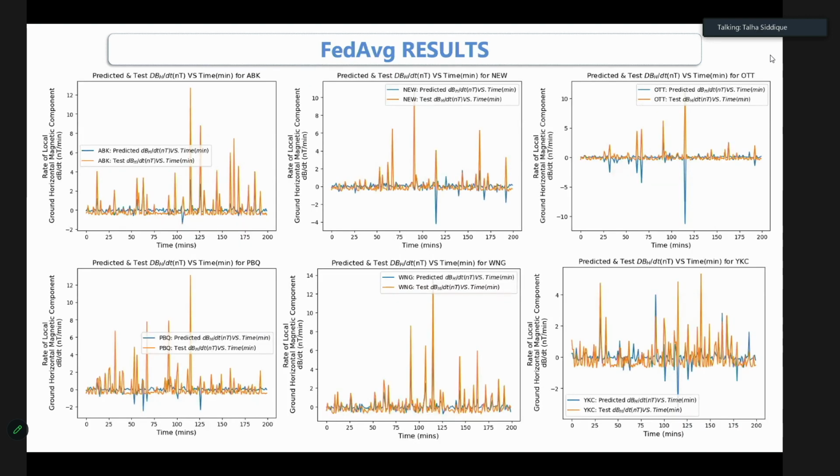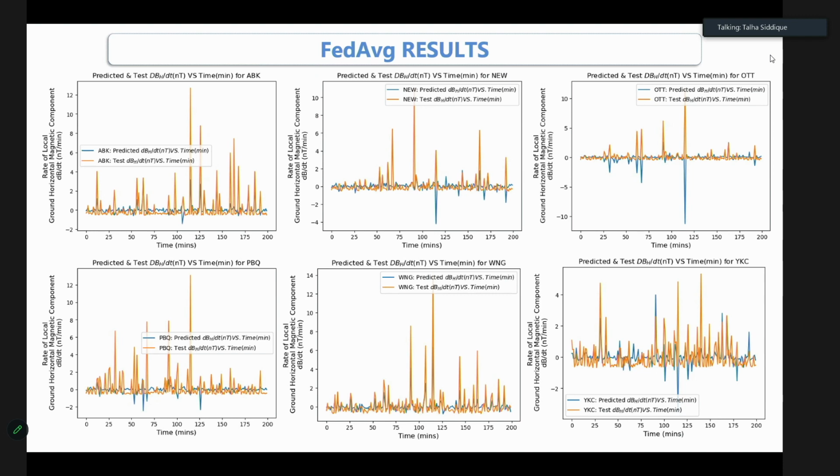So this is some of the preliminary results that we have from the simulation model. We found that this federated average learning architecture works well for certain stations over the others, but we are trying to optimize the model more before we go into full-fledged deployment.